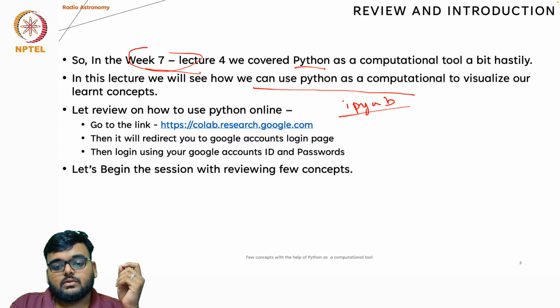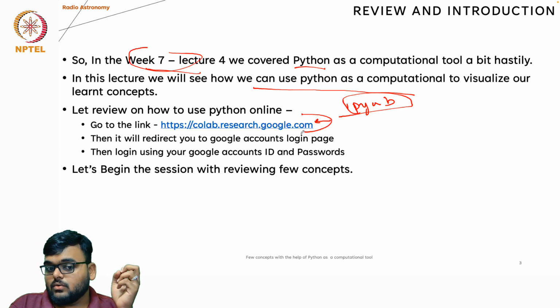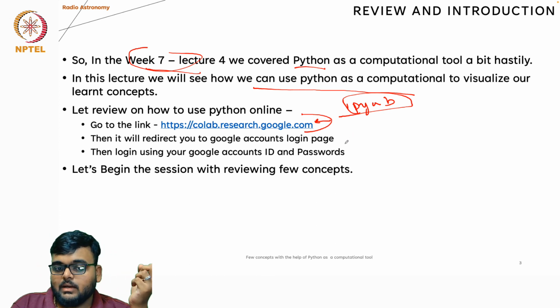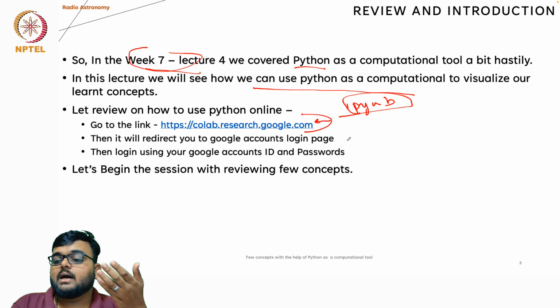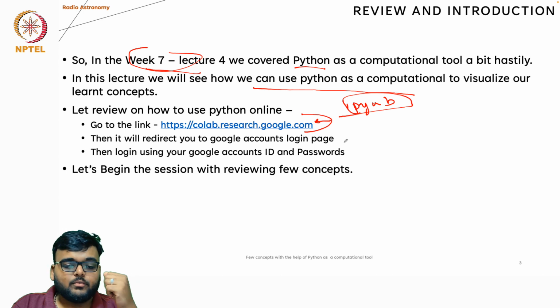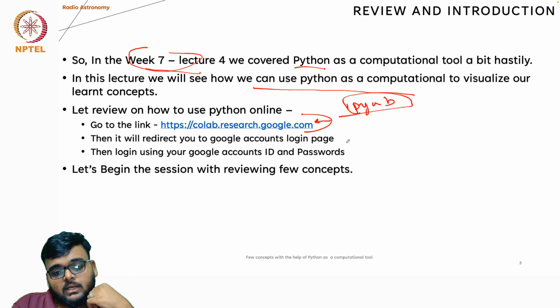So you have to go to this link here, which is Google Colab, that will redirect you to your Google account login page. There you have to put in your Google ID and password, and you will be ready to go.